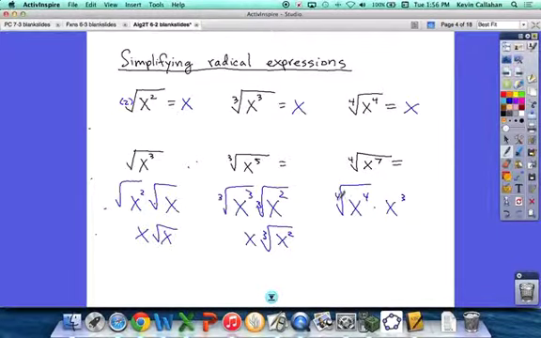So this is the fourth root of x to the fourth times the fourth root of x to the third. And the fourth root of x to the fourth is x. That's just the starting point.